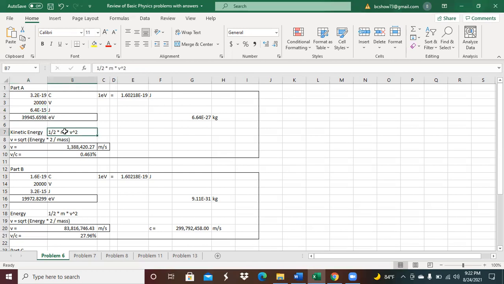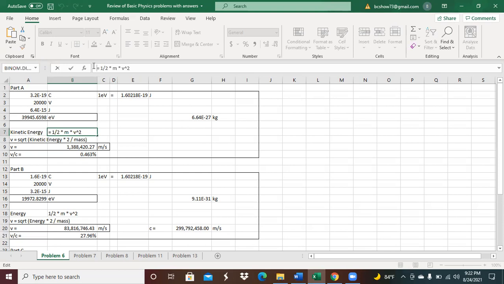If I take this particular formula and solve it for v, this is what I come up with. Basically, I take this, multiply both sides of this equation, which I should go ahead and just put in the equation right there.